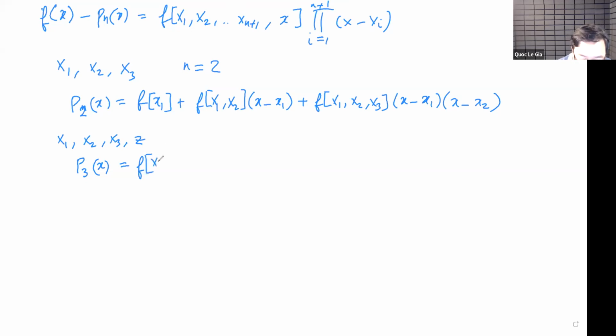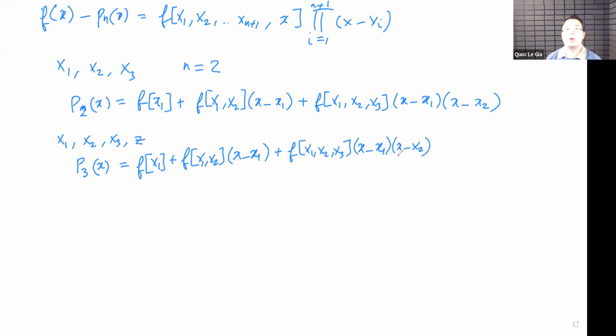So the cubic will be f of x1 plus f[x1, x2], the divided difference over the first 2 points, times (x minus x1), plus f[x1, x2, x3] times (x minus x1)(x minus x2). But now you have an extra term, because you have a point z here.